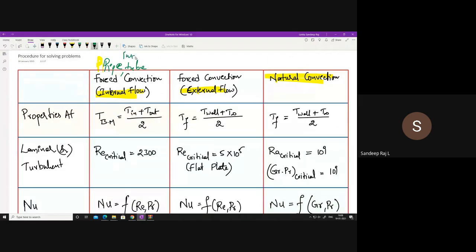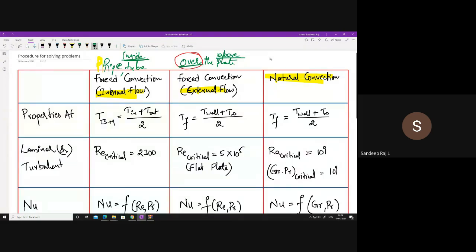These things are given. In the case of forced convection external flow, you will have over the plate, over the tube, like that. The keyword is over here. Above can also be used here. These are the keywords.